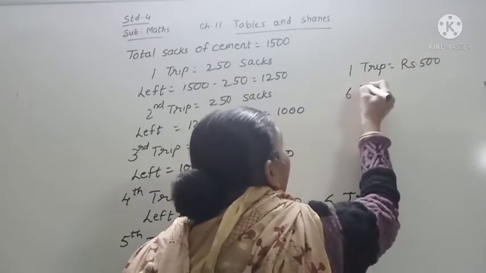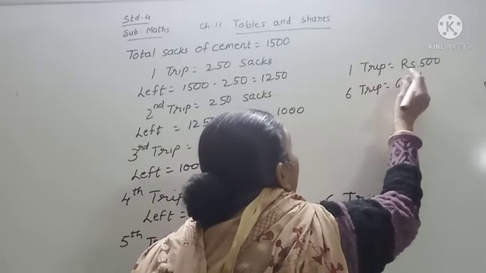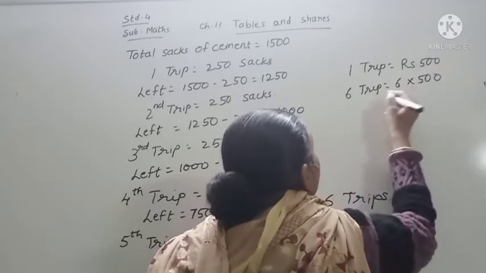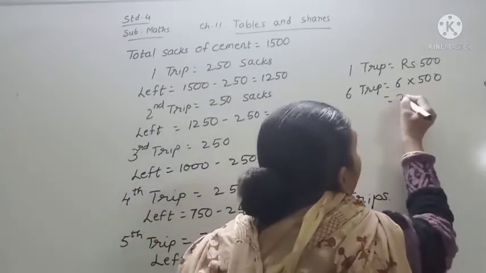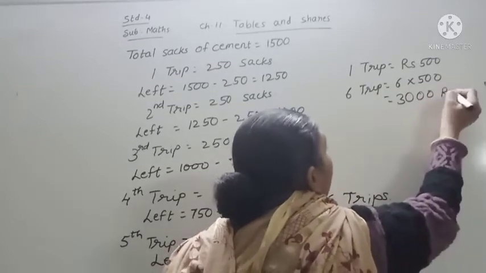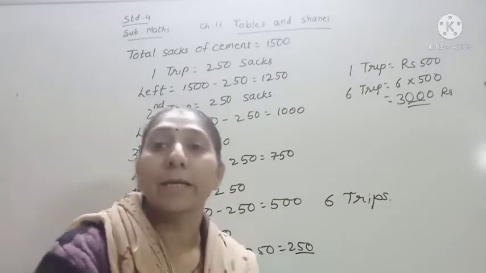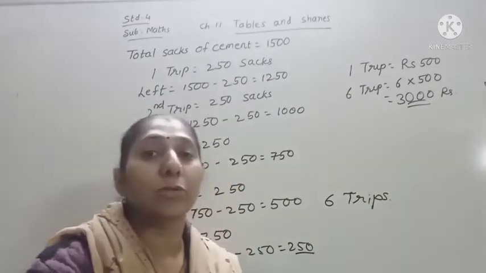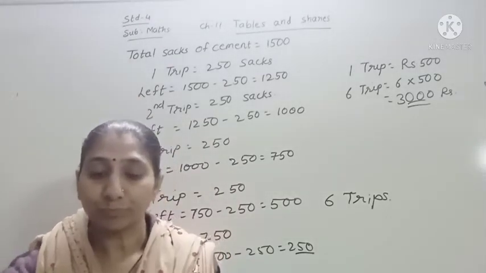So for 6 trips, 6 multiplied by 500 is equal to, 6 fives are 30, then the 2 zeros, 3000 rupees. So Manpreet has to pay rupees 3,000 for 6 trips.